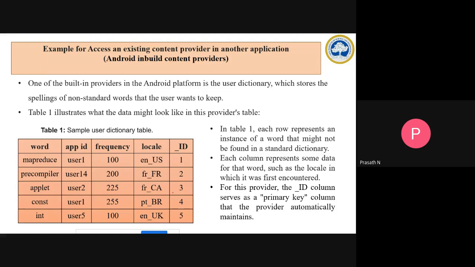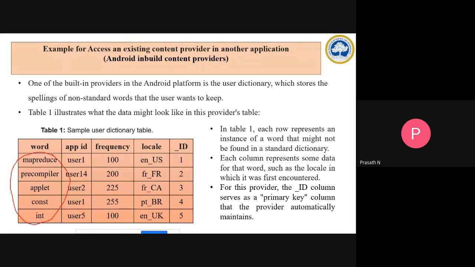One of the built-in providers in the Android platform is the user dictionary, which stores the spellings of non-standard words that the user wants to keep. All these are non-standard words which are not already available in the dictionary.